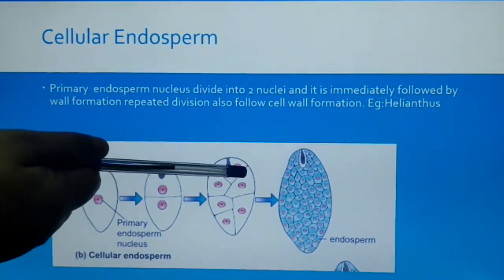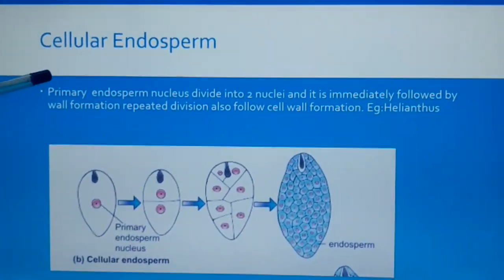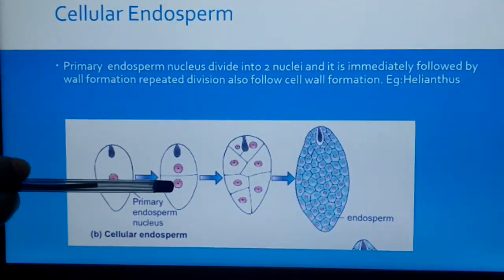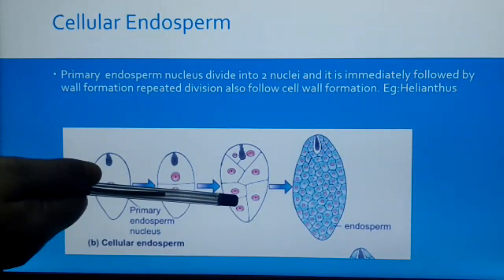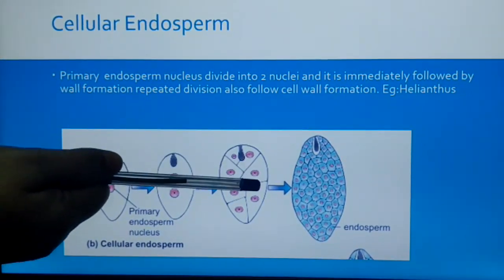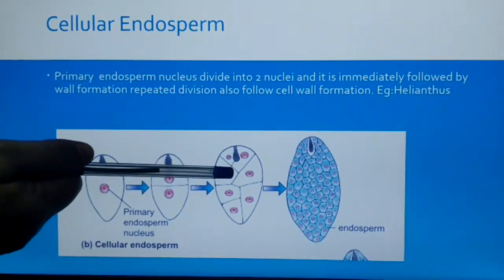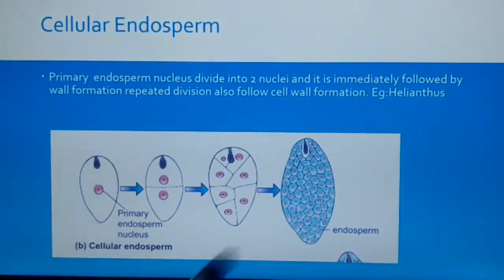Example: Helianthus, Atalantia. So in cellular endosperm, the primary endosperm nucleus divides mitotically to produce two nuclei. In between the two nuclei, the cell wall forms immediately, and repeated cell divisions also lead to cell wall formation. Example: Helianthus.